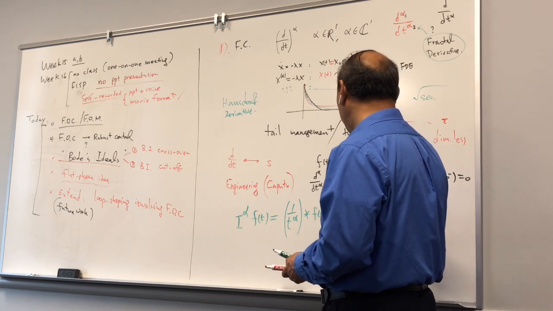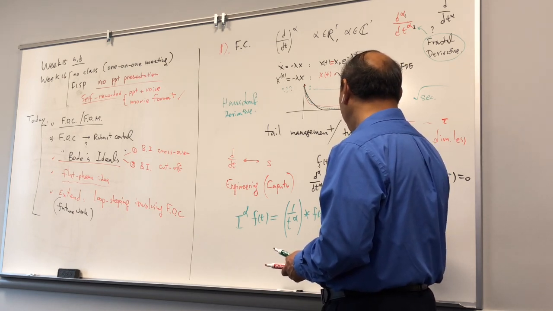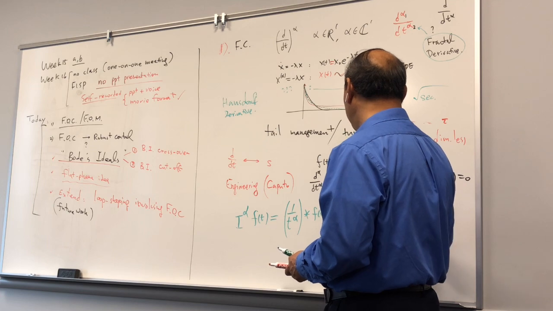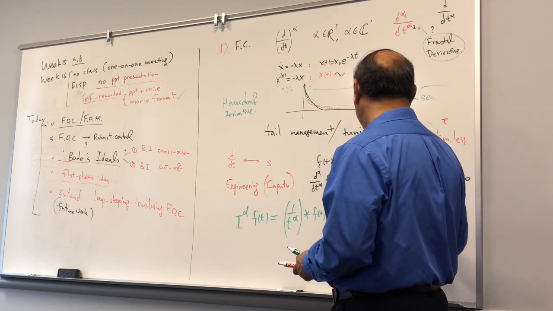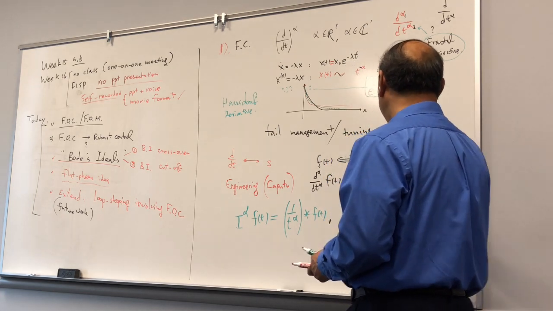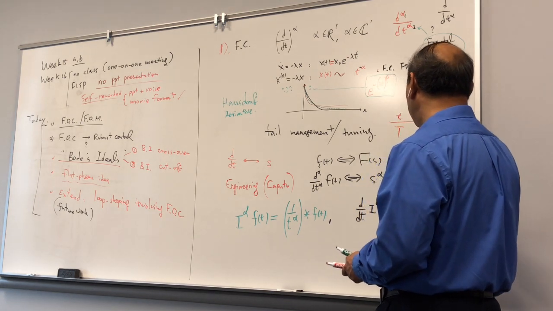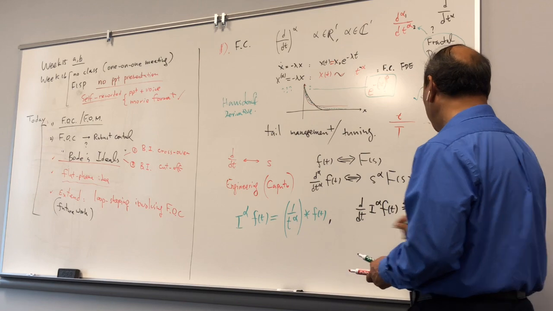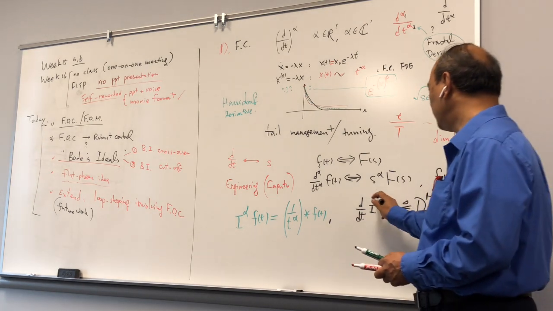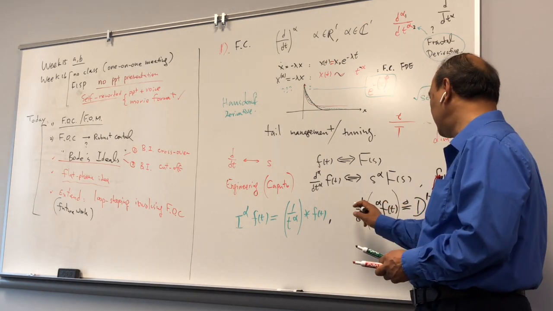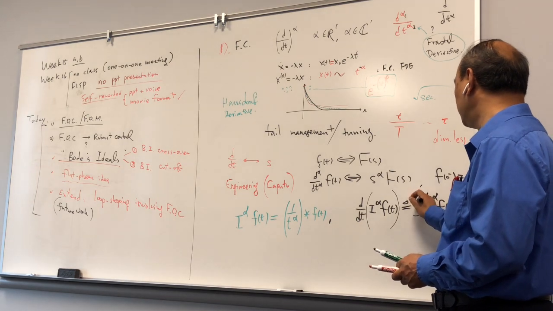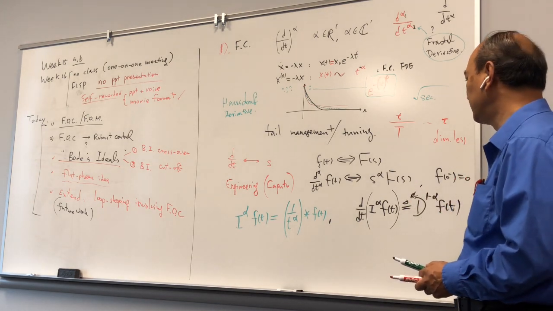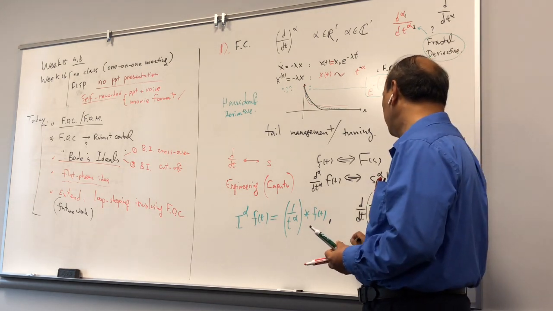So this, the fractional derivative of f of t, is defined as the derivative of order 1 minus alpha of the integral. Right? So you do a fractional order integral first, then you do this. So this is the Riemann-Liouville case. On the other hand, you can do this one.